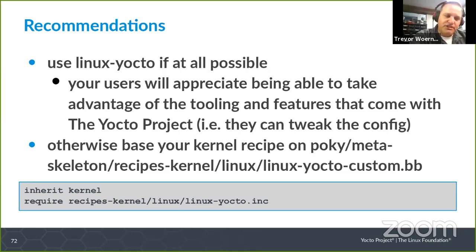But if you also additionally require recipes-kernel/linux/linux-yocto.inc, then that's where a lot of the magic that I've talked about today comes in, and all the tooling that helps tie it all together. If you can provide that as part of your kernel recipes, you will make very happy users, providing them with a lot of features they'll find quite helpful.